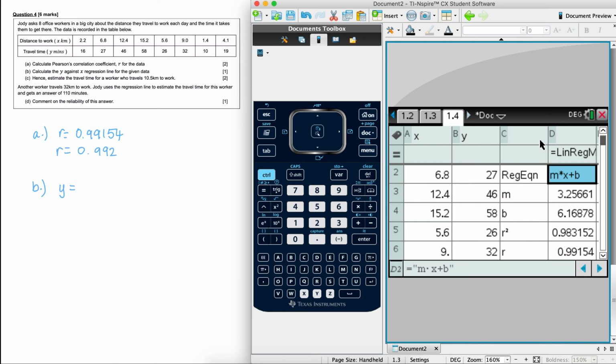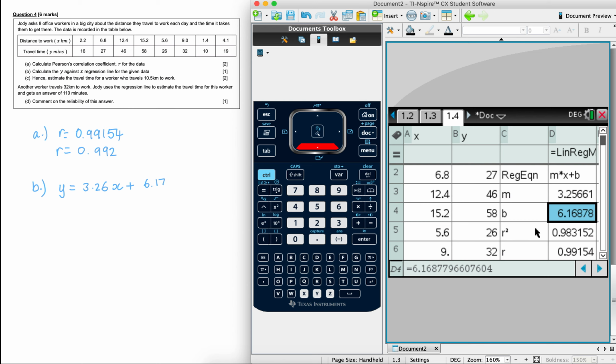Otherwise you could lose marks there. So y is equal to m, which they tell me is 3.26 to three significant figures, x plus b, which is 6.17 to three significant figures.